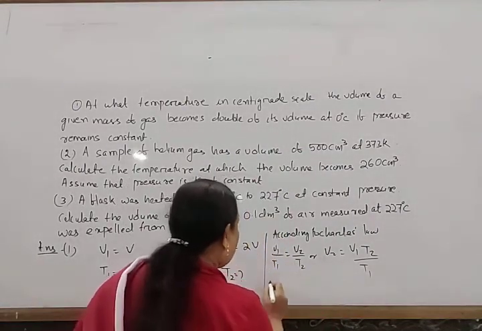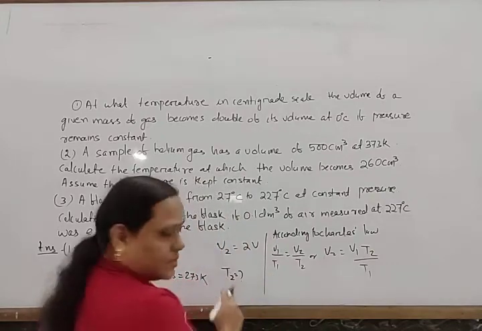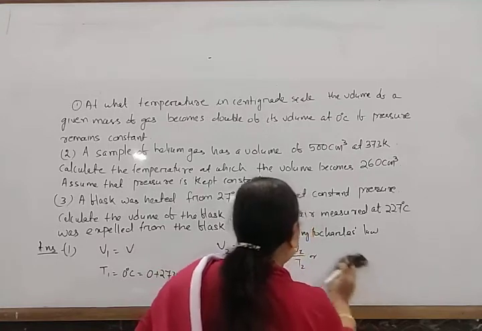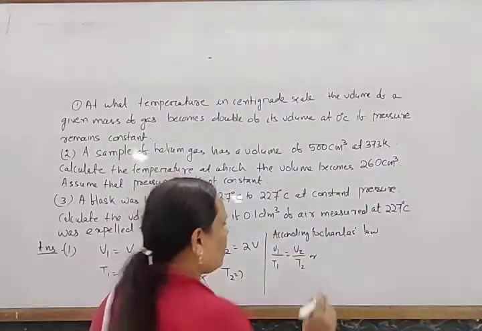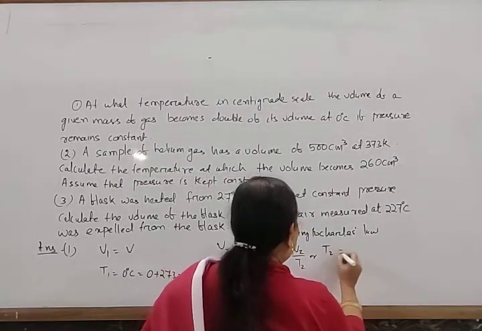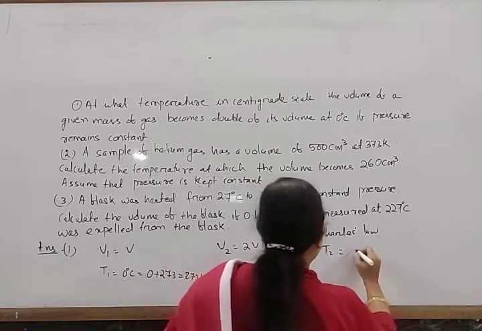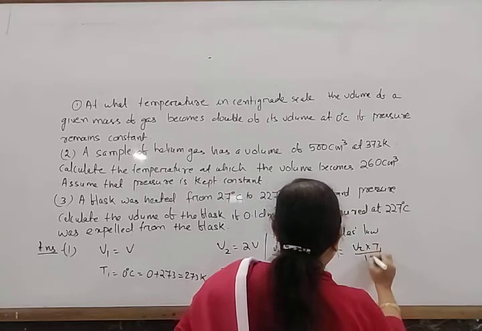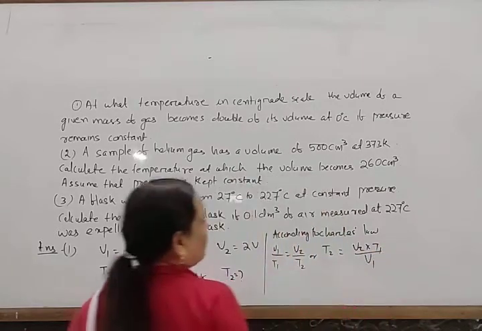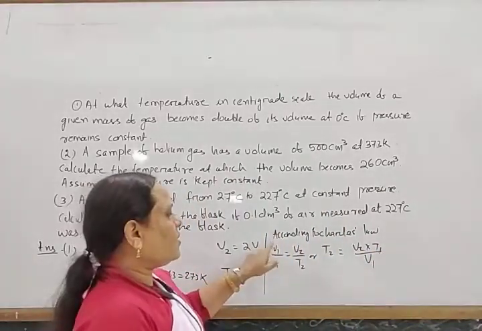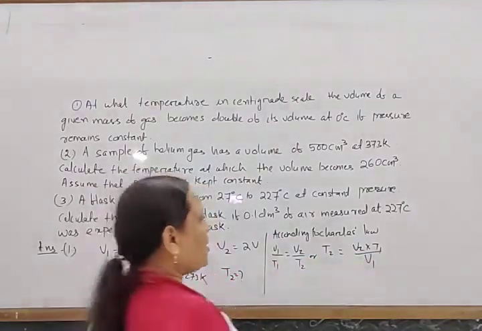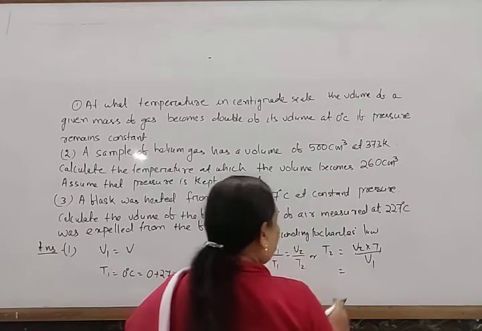You have to find out, sorry, V1 is not asked; V2 is given, so T2 is asked. As T2 is asked, you can write T2 equals V2 T1 by V1. So T2 comes here and V1 comes here.